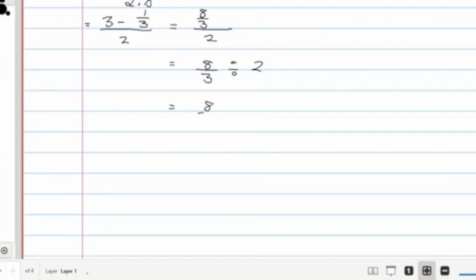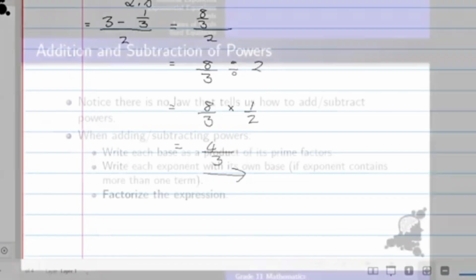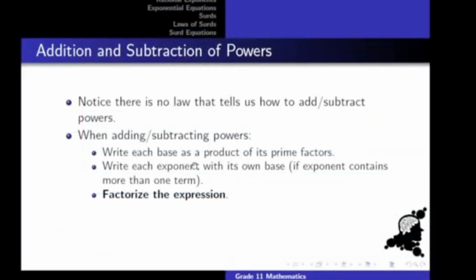So when we arrange that, it's 8 over 3 multiplied by 1 over 2, and your answer will be 4 over 3. That is how we add numbers with the same base if we have addition or subtraction.